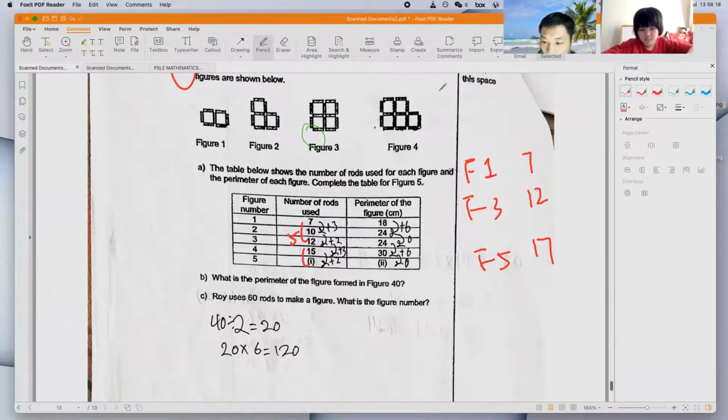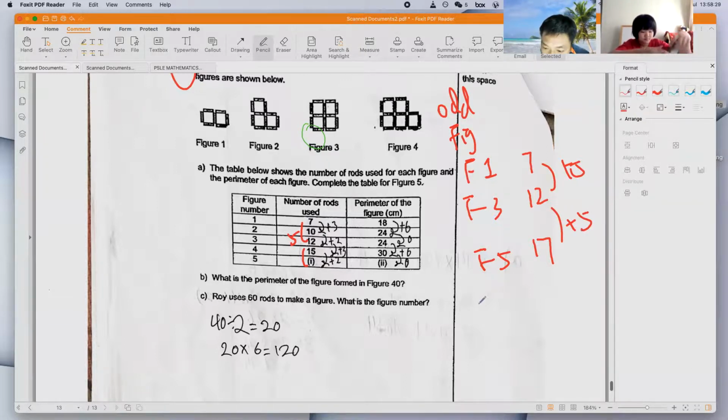So that means odd figure is plus 5, plus 5. Done. First number 7. What's the formula? First number plus the difference is 5 times n minus 1. Okay, solved the problem.